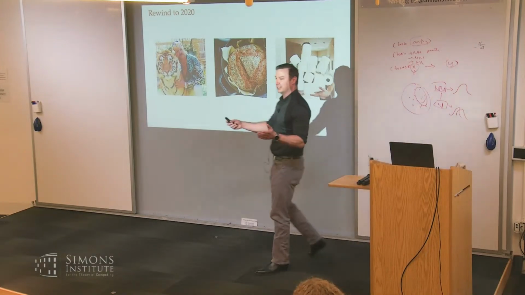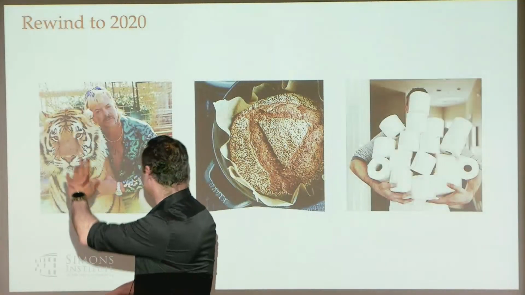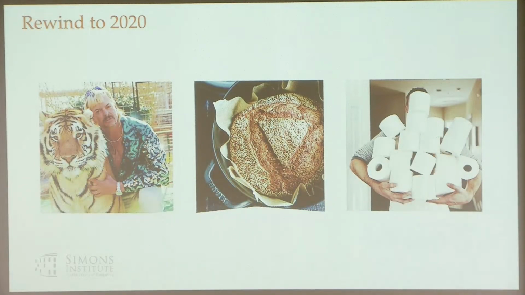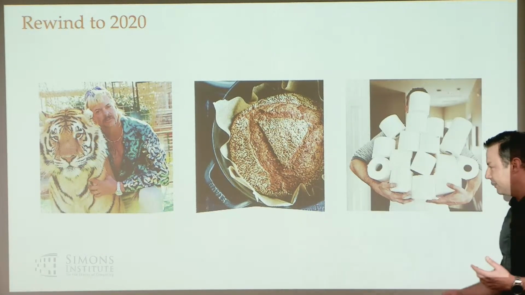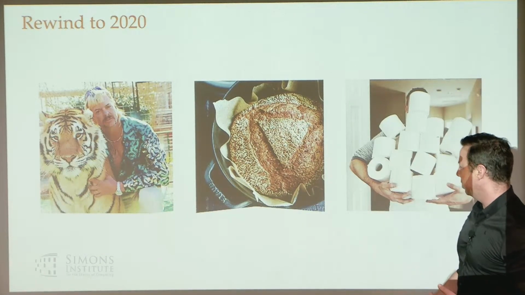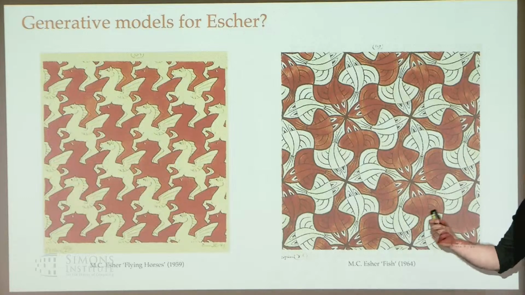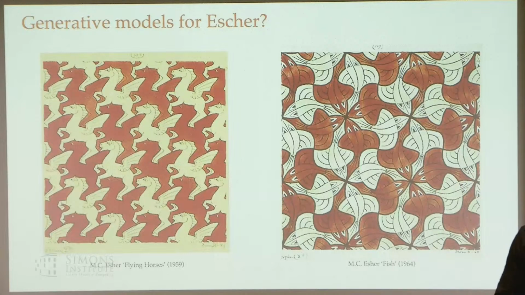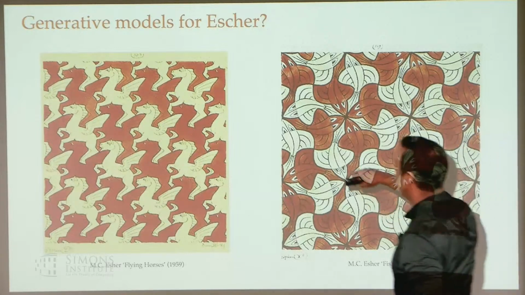We all had different activities that we undertook in 2020. Watching Tiger King, baking bread, hoarding toilet paper, and I did all those things too, right? But another thing I did is I worked on an art project. I thought, wouldn't it be fun to come up with generative models that create Escher-style symmetries, these really cool tilings?